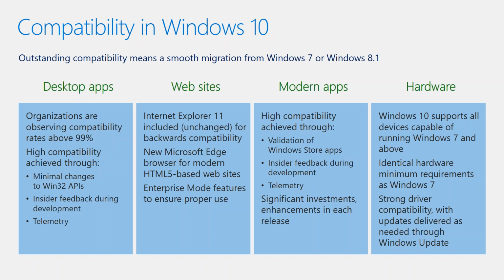Microsoft understood the challenge that everybody had migrating from Windows XP to Windows 7 from an app compatibility perspective, and did everything they could to minimize compatibility issues from moving to 10 from 7, or from 8 if you're one of the organizations that moved to 8. But the majority of companies are still on Windows 7, so that's why I refer to it as Windows 7 to 10.